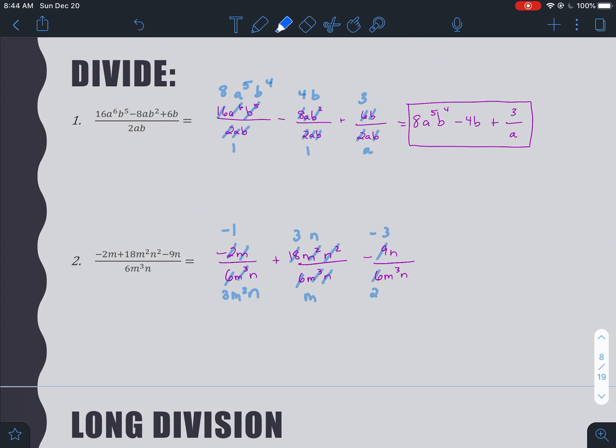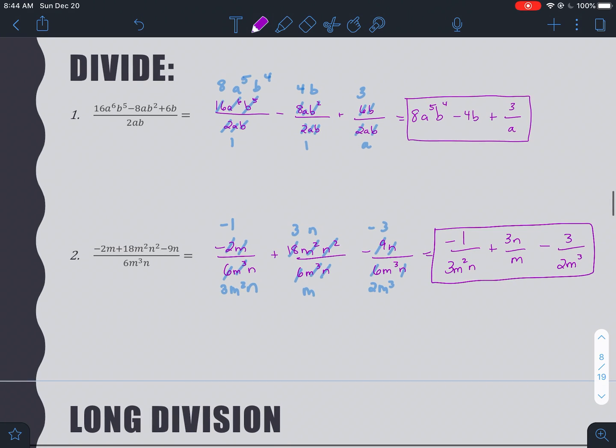Negative 9 over 6, both are divisible by 3, so you'd be left with negative 3 and positive 2. And then the m cubed stays in the denominator, and then the n's both reduce to 1. And so we are left with negative 1 over 3m squared n plus 3n over m minus 3 over 2m to the 3rd.